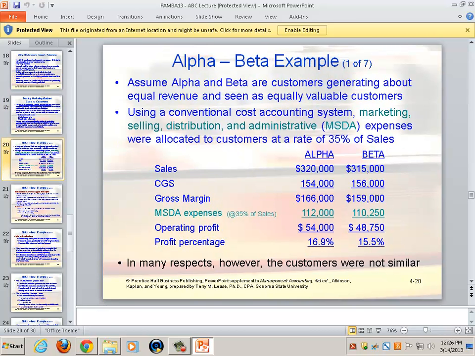Example: a company that has two very big and very important customers. It's obviously a company that is selling business to business.